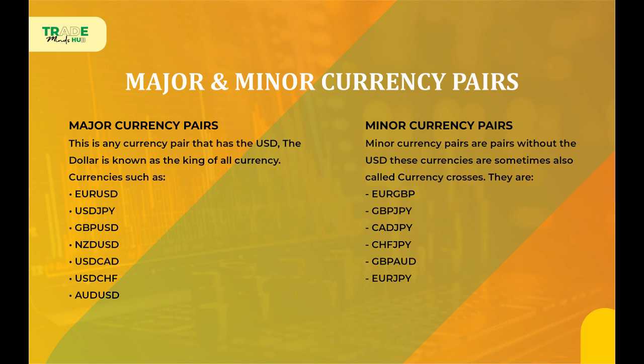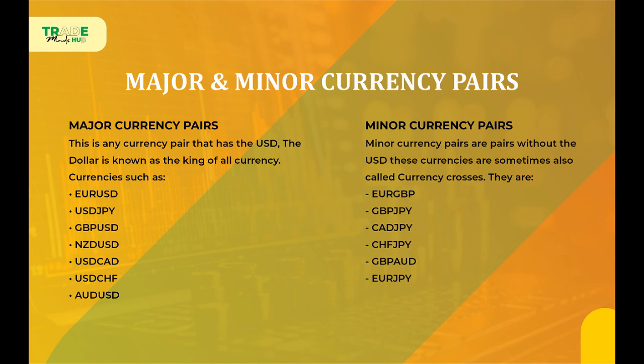I'll be switching from phone to laptop to teach you. So these are minor currency pairs. If you look at the application, you see Euro GBP, you see Euro AUD, NZD, and all.